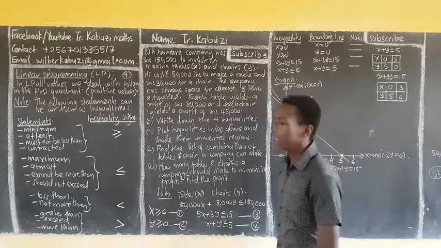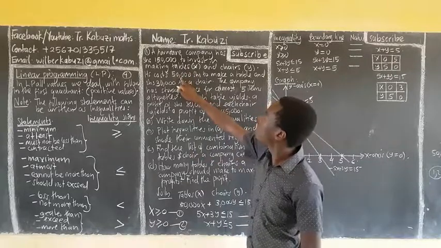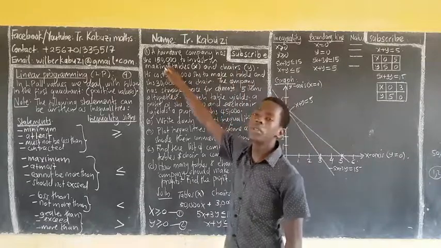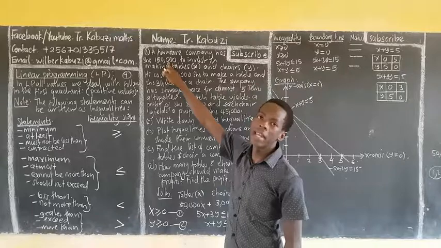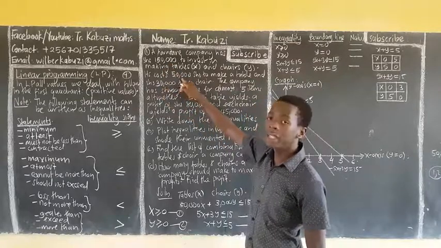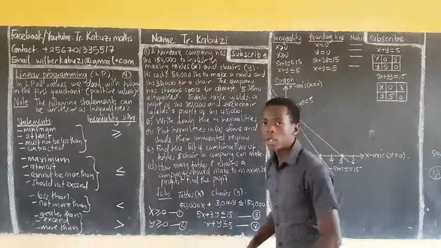So it means that when you get the cost of each table and the cost of each chair, you cannot use money more than this. So the money you are going to use for making the chairs and the tables should not exceed it. It means that it's going to be less than or equal to.